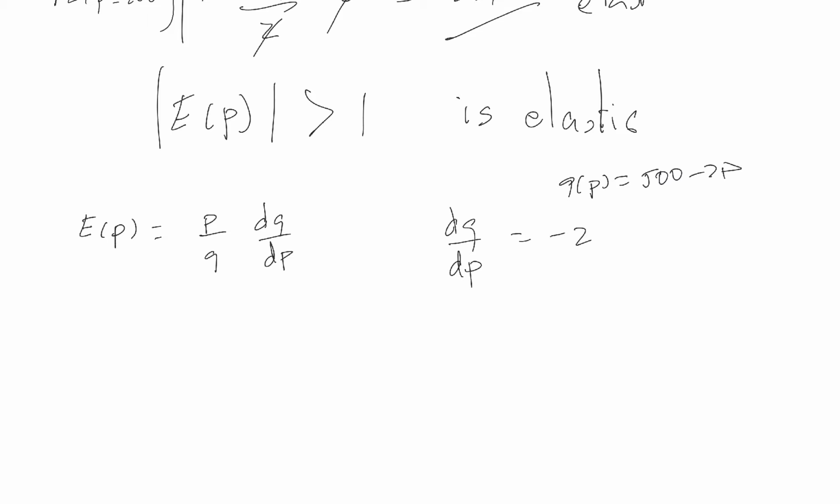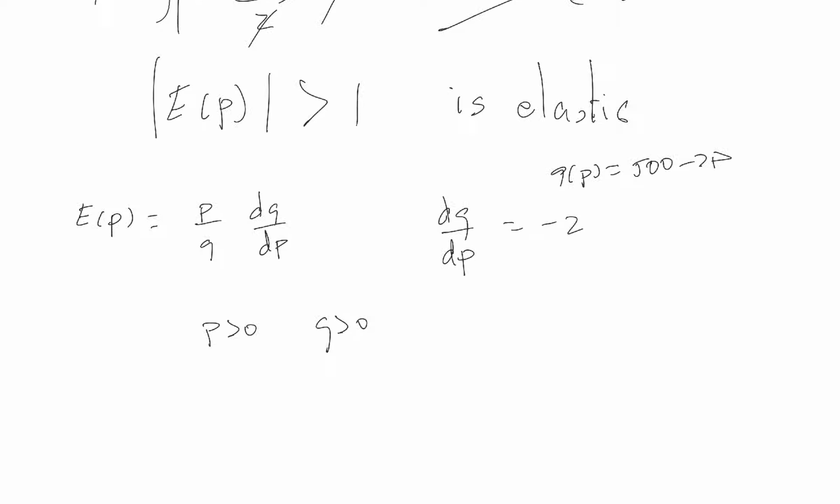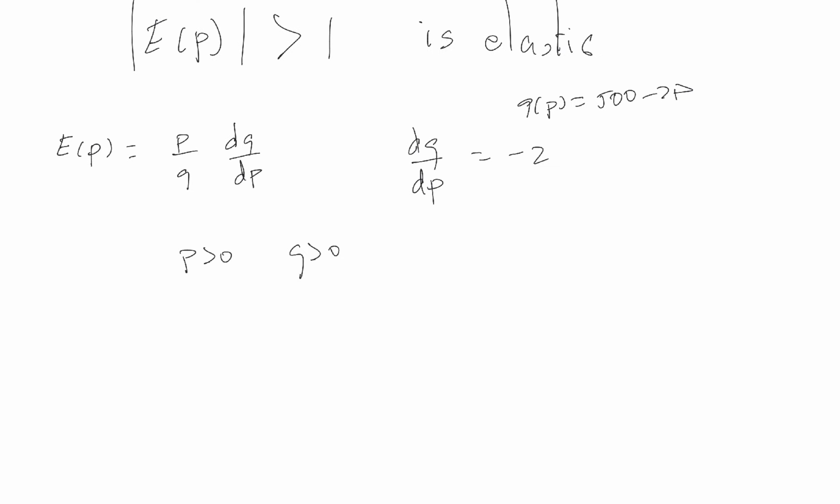When P is positive, Q is always positive, and P divided by Q is multiplied by minus 2.